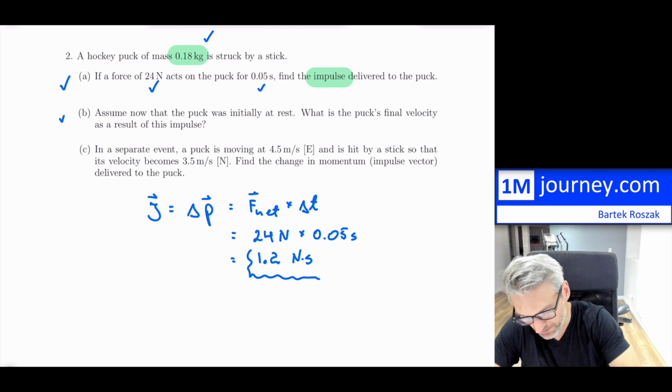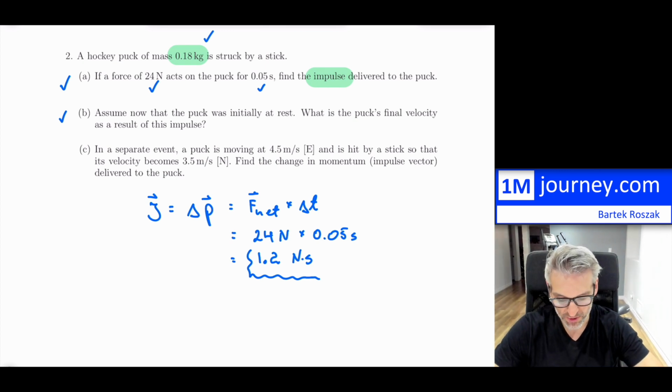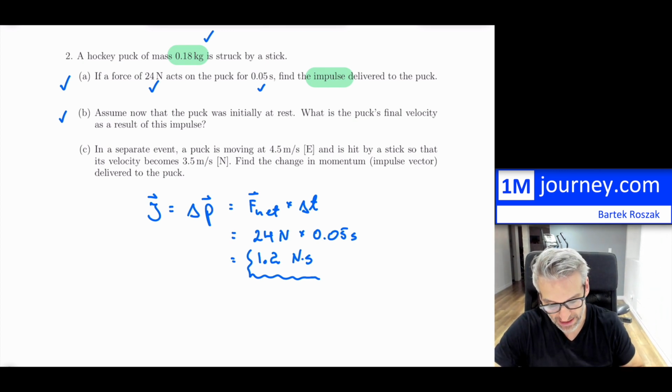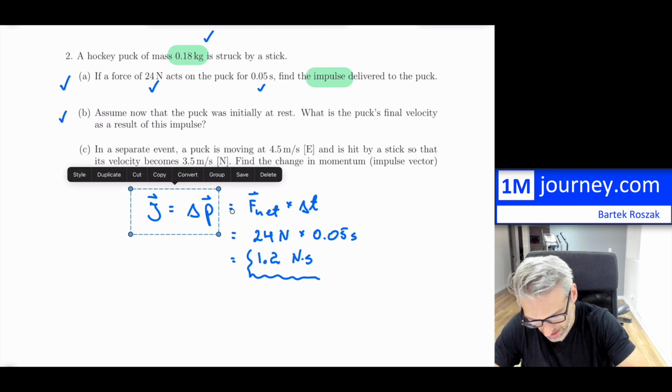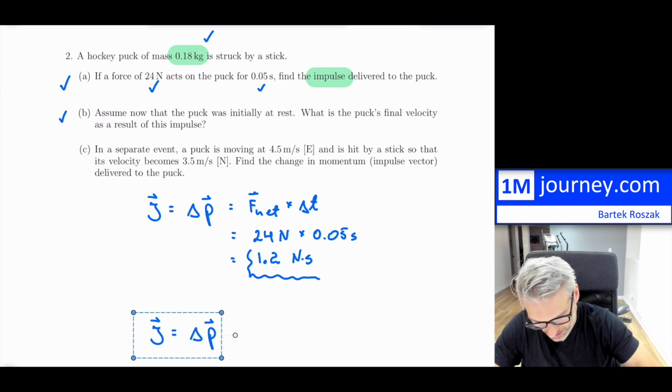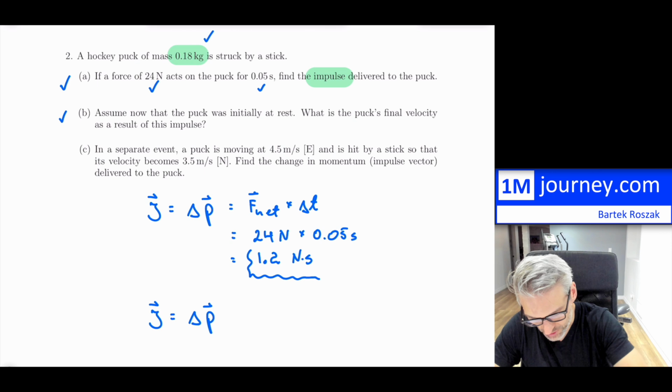Now for part B, assume that the puck was initially at rest. What is the puck's final velocity as a result of this impulse? If we want to know the final velocity, I'm going to duplicate this and bring it down slightly.